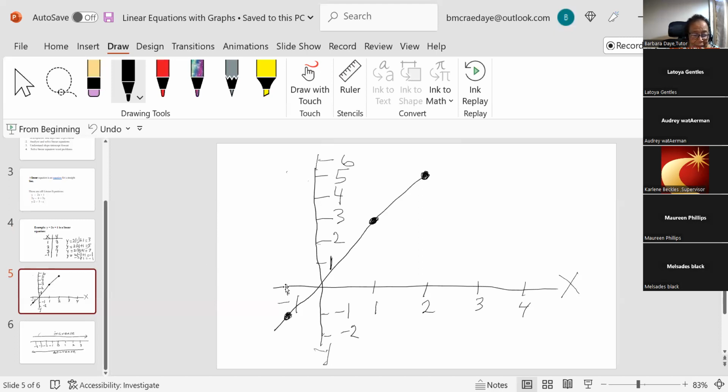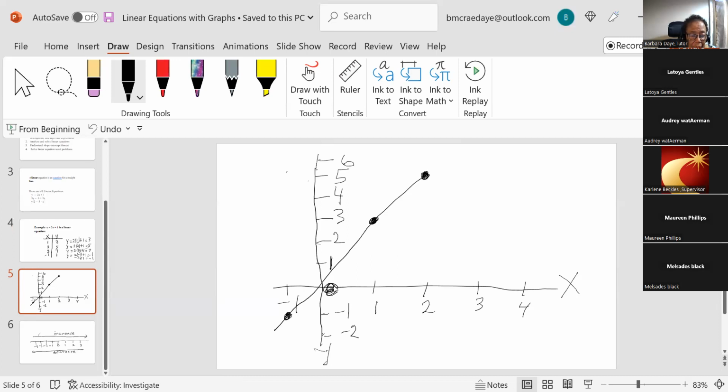When X is a minus 1, I'm right here, because this is a 0. I didn't put it there, but it's a 0. Let's see if I can put it here. 0 is right here. Okay. This is 0. Actually, it's right here.